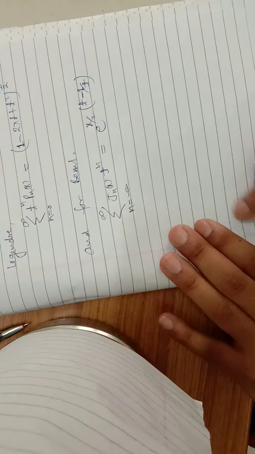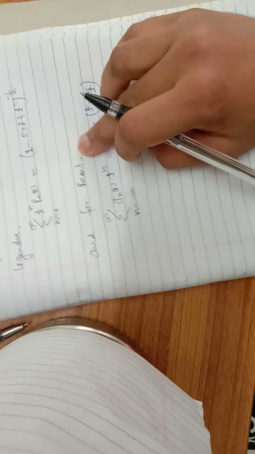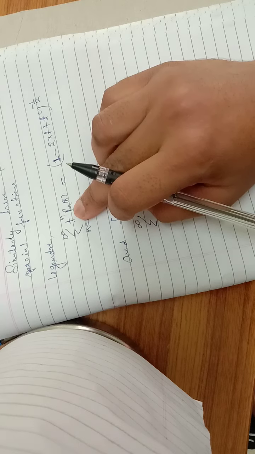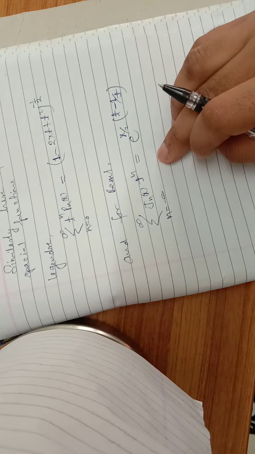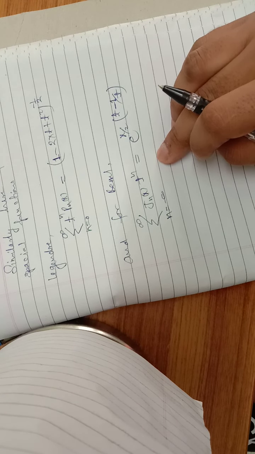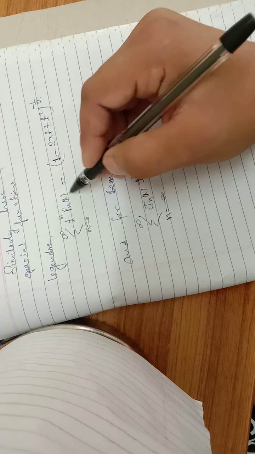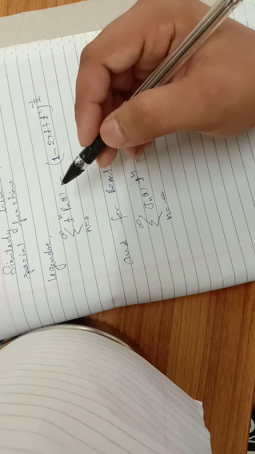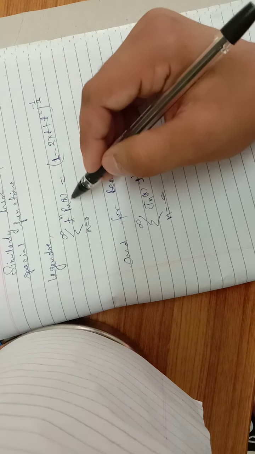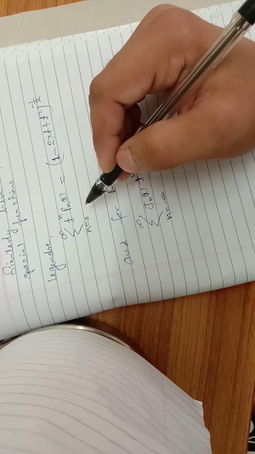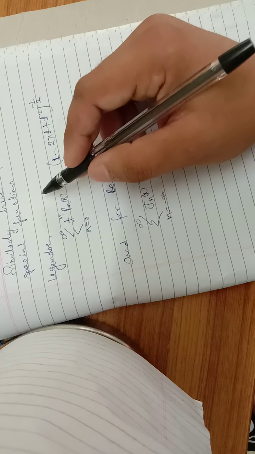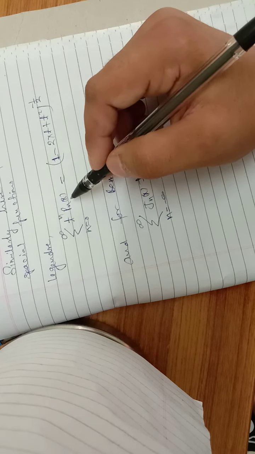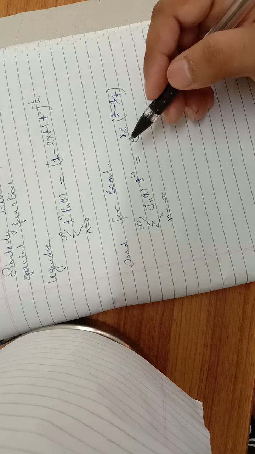And then I have written a few other generating functions. Corresponding to the Legendre polynomial this is, and corresponding to the Bessel polynomial this is. Similarly, there is a Legendre differential equation. This has the solution Pnx for n equals 0 to infinity, and for n equals 1 that differential equation would have a different solution, and for n equals 2 a different solution, or for any value of n a different solution.